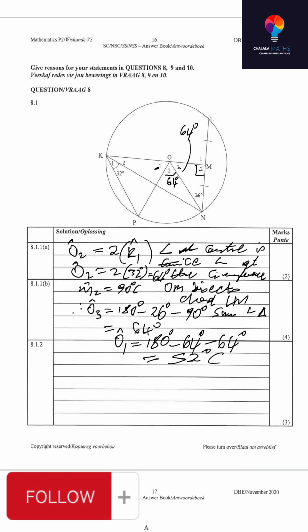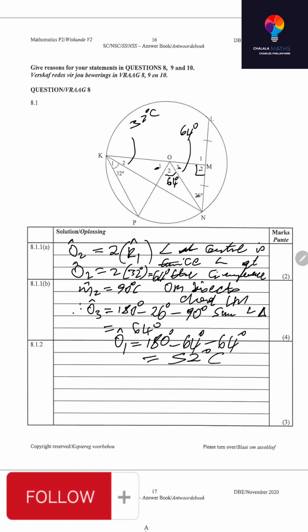Okay. Let's go to 8.1.2, which says we must prove, giving reasons, that KN bisects angle OKP. It bisects, meaning that it divides that angle in half. So we must prove that K2 in this case is 32 degrees.